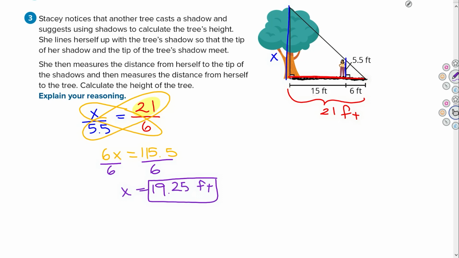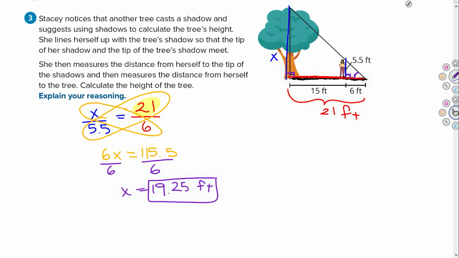One thing we should have done with this problem is talk about why the triangles are similar. We measure height perpendicular to the ground. The other thing that's the exact same is that at the same time of day, the angle that the sun makes is the same for everything at the same time.